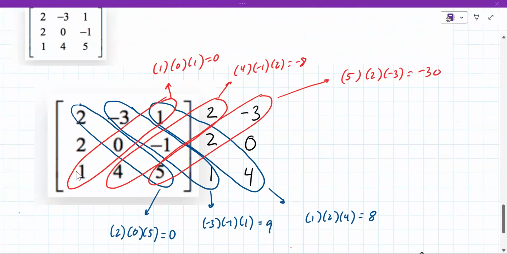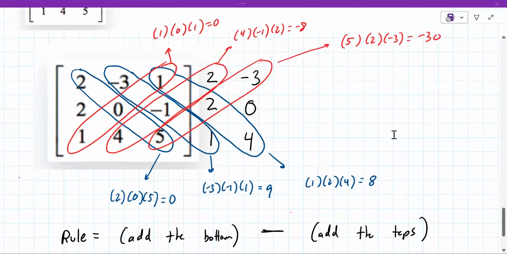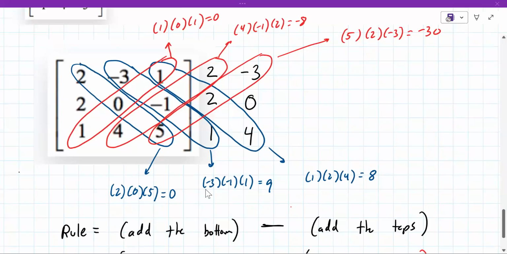Oh, there it is. -8, 15, 10, -30. Subtract. 38. Okay, here's the mistake. This is 3.